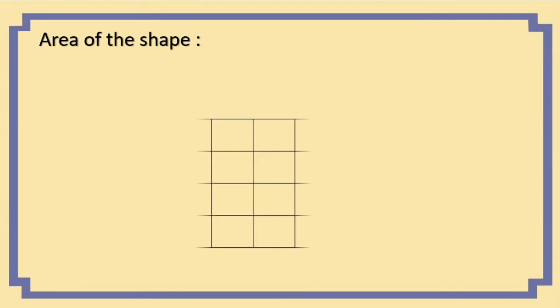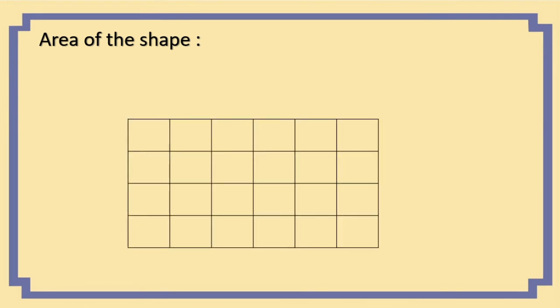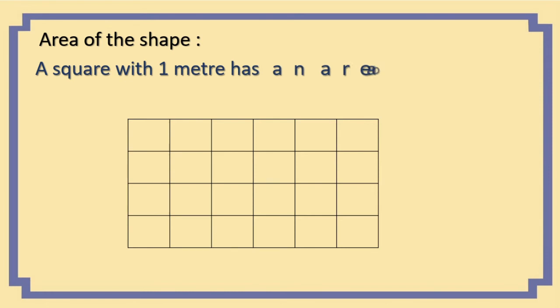Now see here one more shape. This is also rectangular in shape. We know that a square with 1 meter has an area of 1 square meter. See dear children, here we have taken meter. Earlier there was centimeter. A square with 1 meter has an area of 1 square meter.